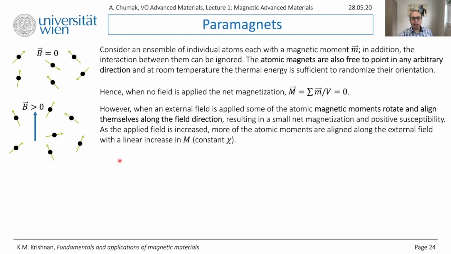As a result, your magnetization, the total magnetic moment, will not be 0 anymore. It will be small, but not 0. And M will be pointing along the applied magnetic field. Therefore, we can speak about positive magnetic susceptibility.